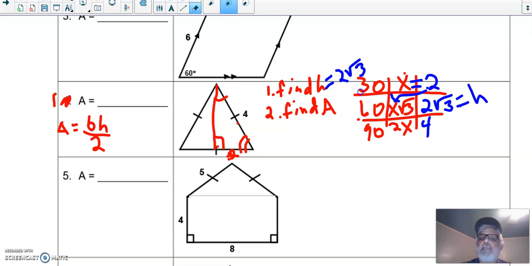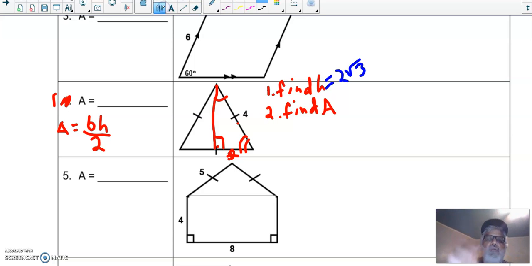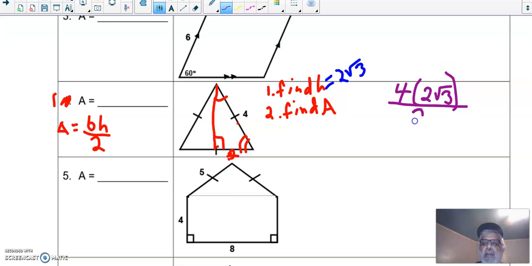So now I'm going to go ahead and erase all this. And now we're ready to find the area. Since I know what h is, I know the base is 4. So that means I'm going to have 4 times the height, which is 2 square root of 3, and all that will be divided by 2.